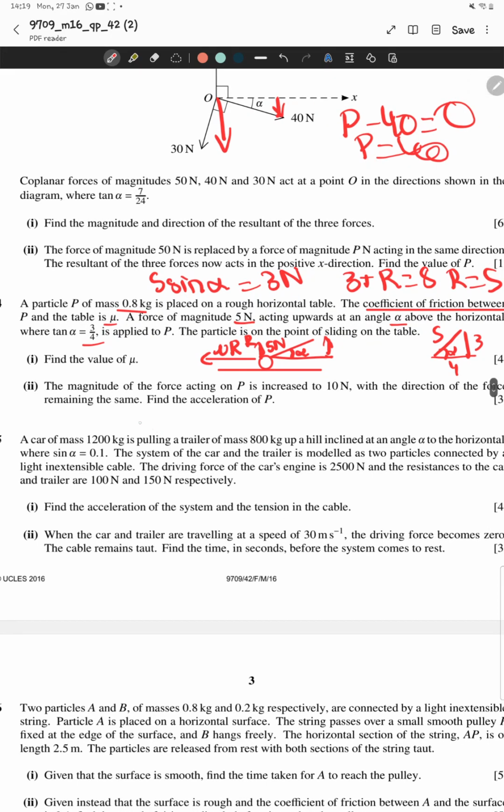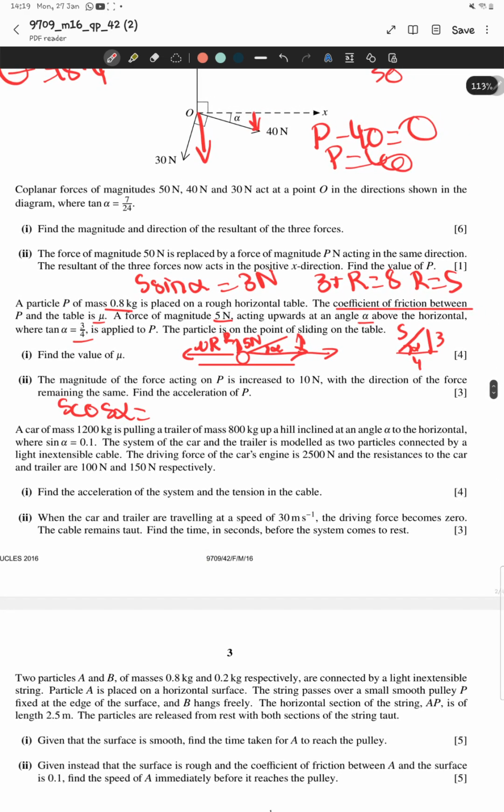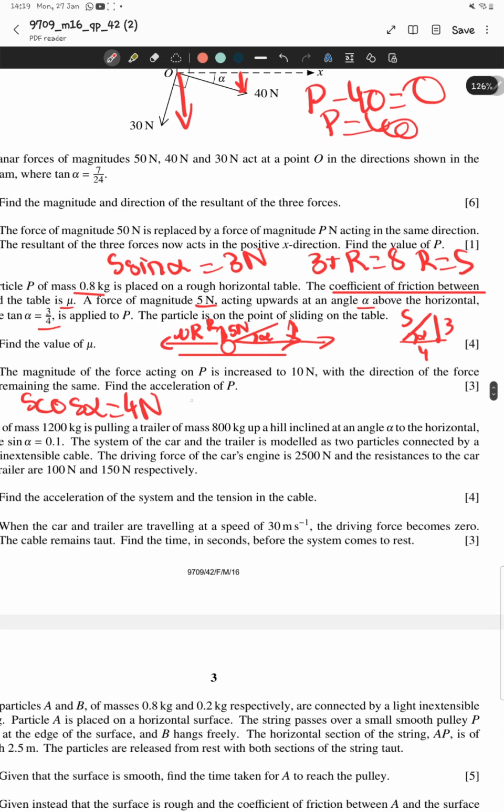Now we can find mu after we find the forward force, the force this way, which would be just 5 cos alpha, where cos is adjacent over hypotenuse. So 4/5, and then multiply by 5, which is 4. So the forward force is 4 newtons.